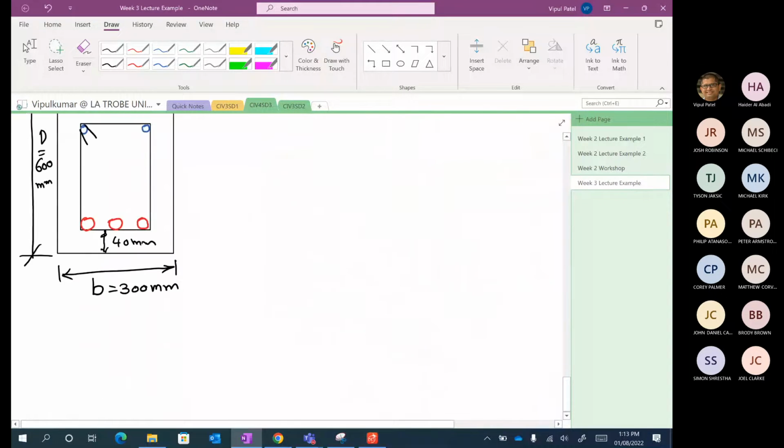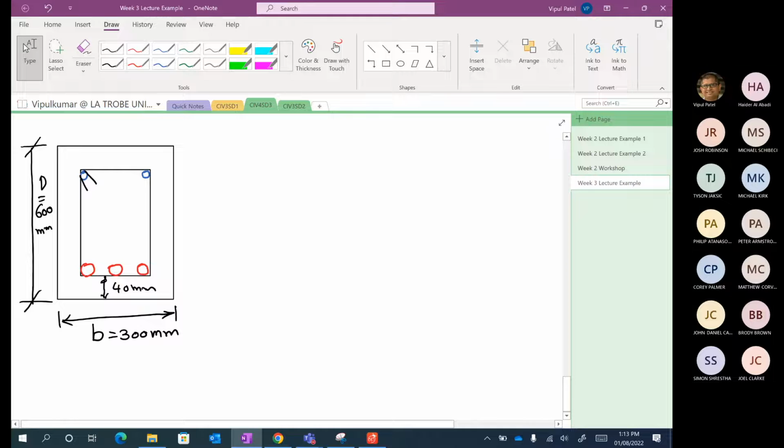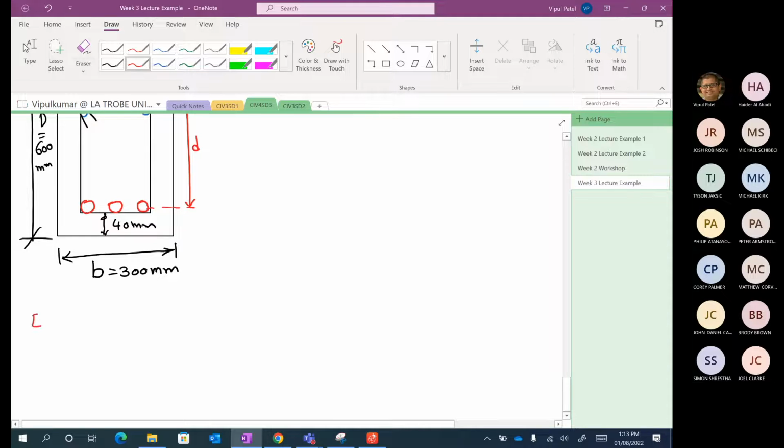Now we are not always going to use capital D in our design. In all the designs that you're going to see, we are never going to use capital D. What we generally use is the effective depth, and that is small d. Now effective depth, how do we calculate it?